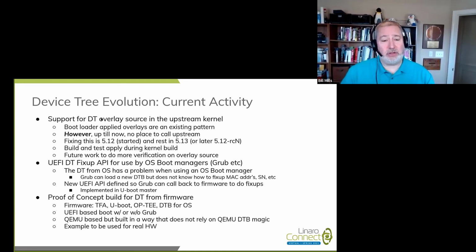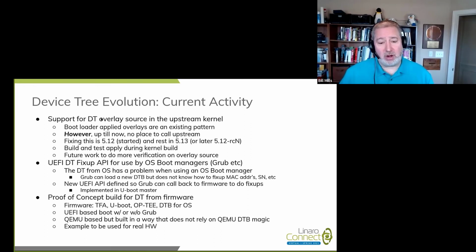The second thing we're doing, Heinrich Schuchart has done great work in defining a UEFI-based API that can reside in the firmware that the OS boot managers can call when they want to override the DTB, and then the firmware can fix up MAC addresses, serial numbers, and things like that.